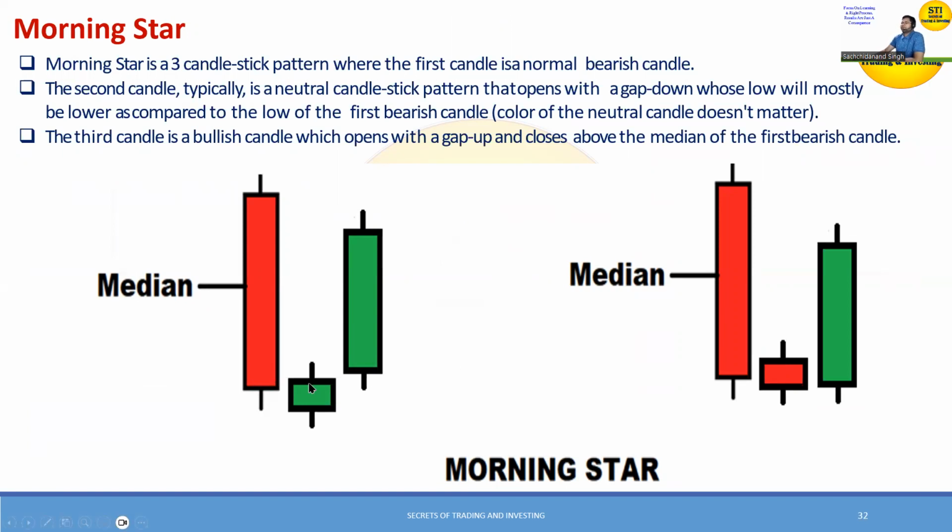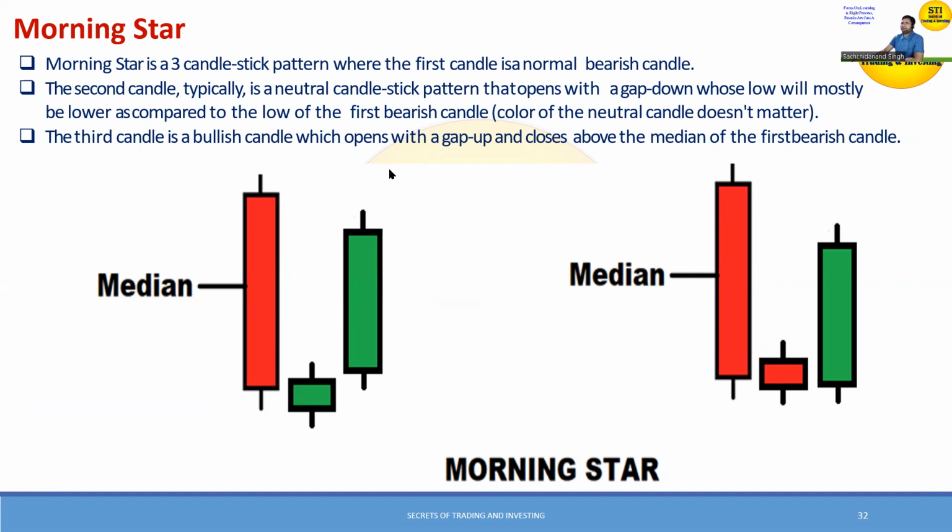Technically, if you find such a candlestick pattern, don't get confused by the second candle. You can either ignore it and treat it as a bullish piercing, or just remember that this is an example of the morning star, and overall the combination of these three candles is a bullish candlestick pattern.